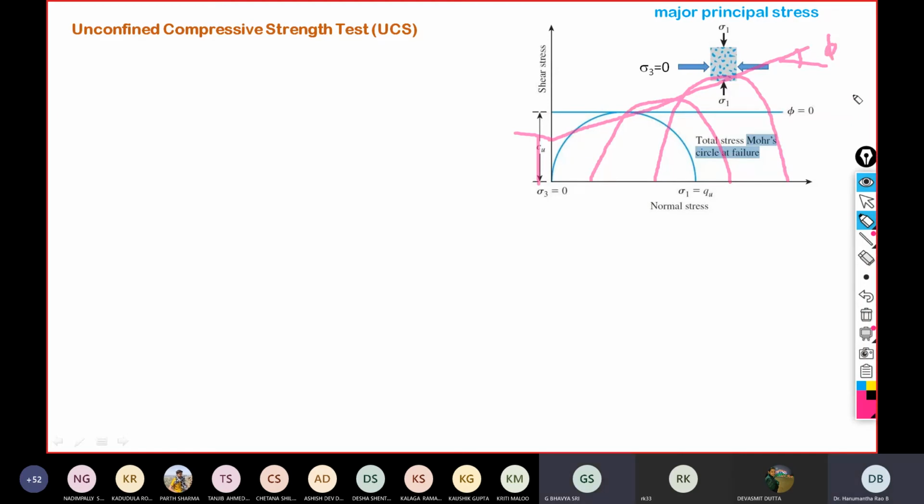So did you understand now? Sir, for one experiment, we'll get only one circle. Correct, correct. You will get one circle from one experiment. That's why I'm saying in case of the UCS test, you will get only one circle. Sir, then will phi always be zero? Yeah, in case of the UCS, it is always 0. Correct.